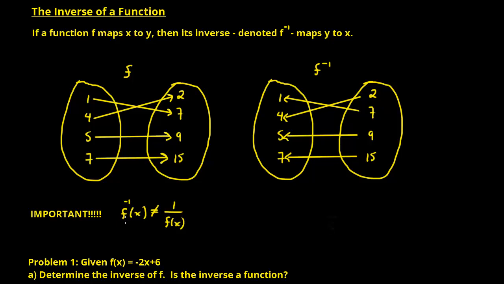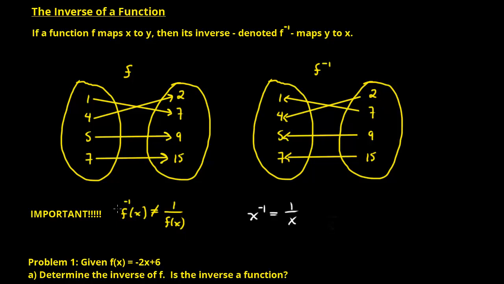An important thing to note, something that's a little bit sloppy about inverses of functions, is that we use a superscript here. Normally if you were to write x to the power of minus 1, or x superscript minus 1, in math, that would mean 1 over x.